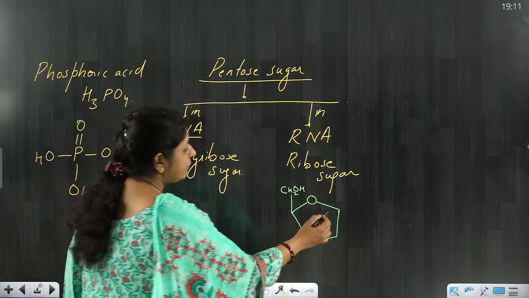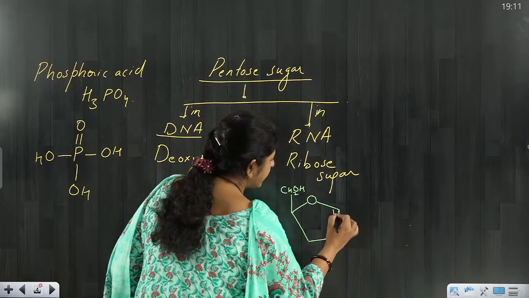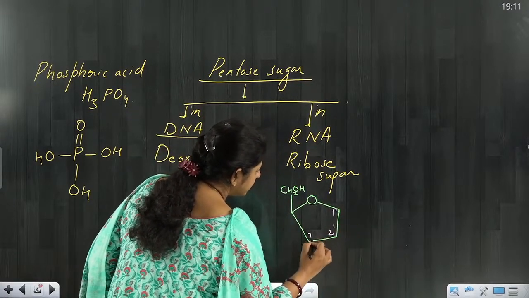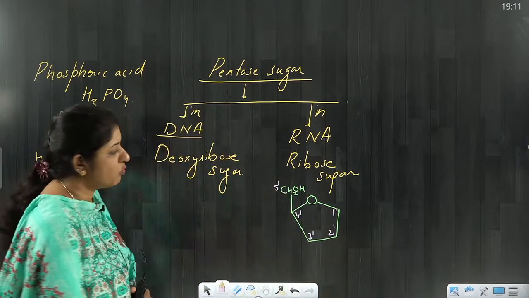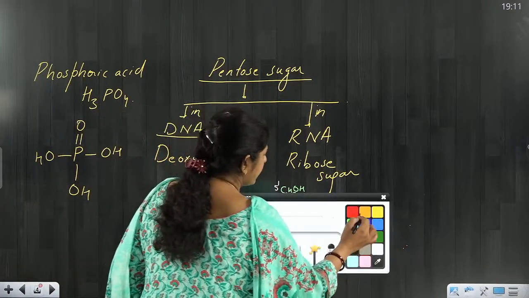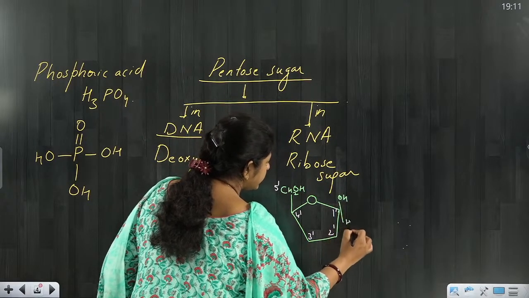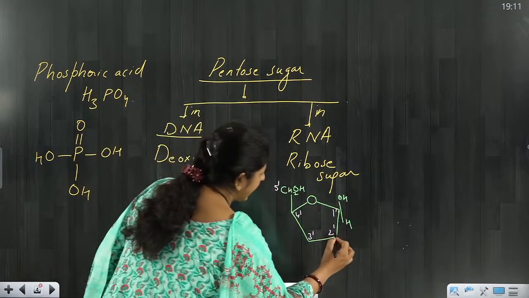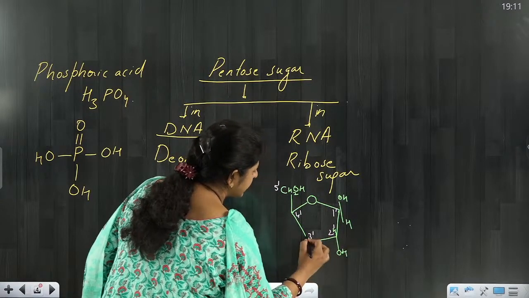Now let's complete each and every carbon. I am taking this as 1 prime position, 2 prime, 3 prime, 4 prime, and this is 5 prime. What is there on 1 prime? On the 1 prime, the OH group is on the upper side and H is on the lower.